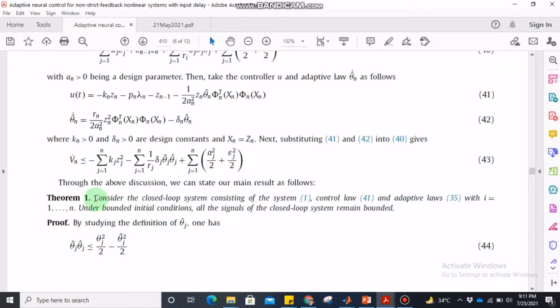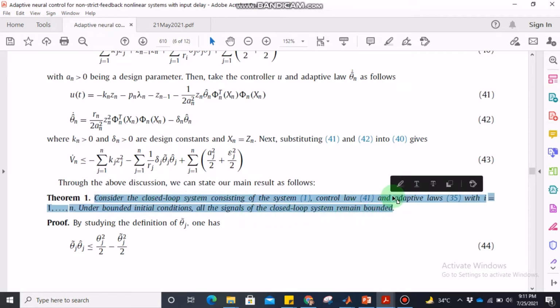If there is a theorem in the paper, your work is reduced by a lot, because this will clearly tell you that the closed loop system will be equation 1, the control law will be equation 41, and the adaptive laws will be equation 35 with i equal to 1 to n.